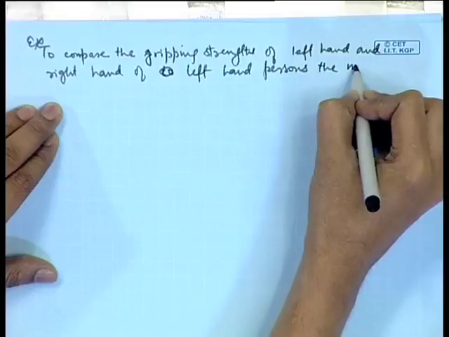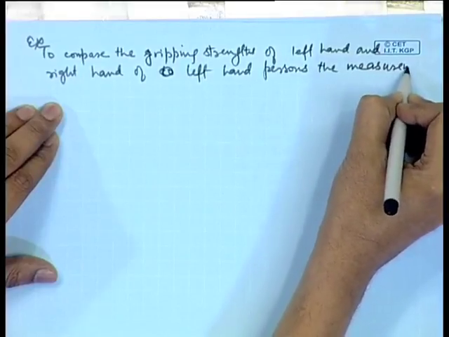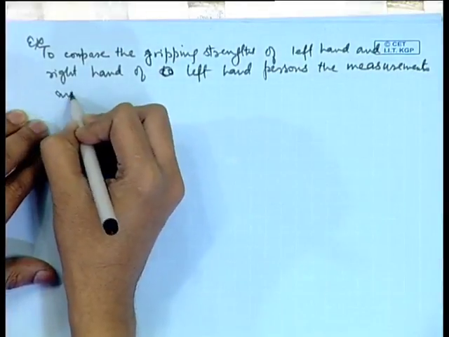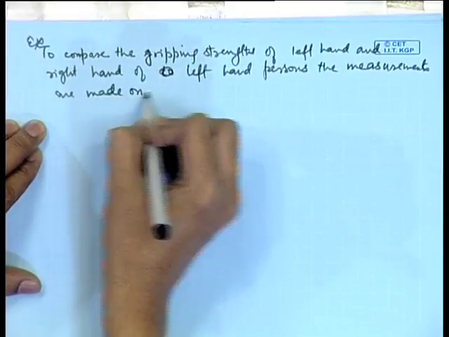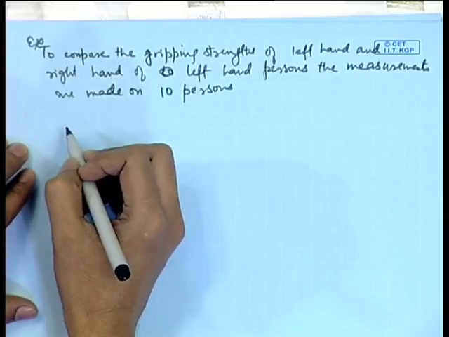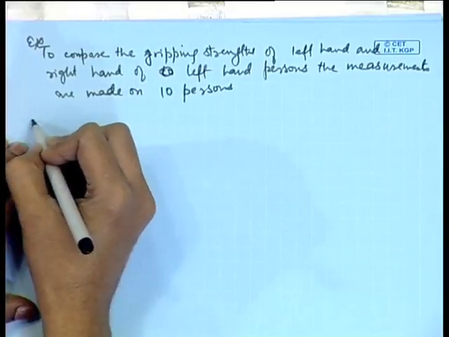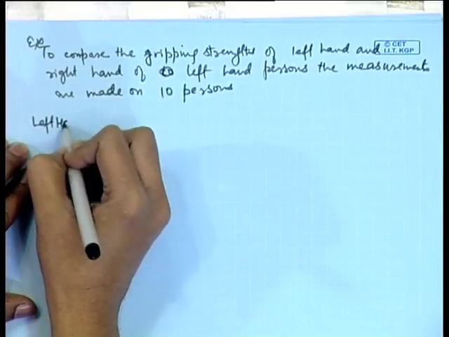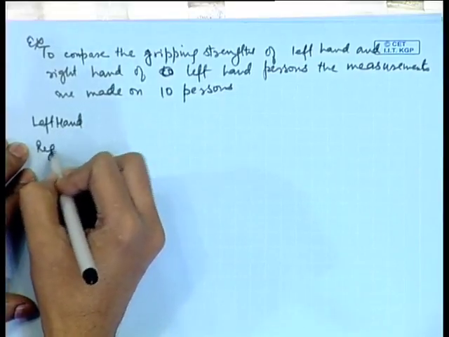The measurements are made on 10 persons and the data is observed. So, left hand and right hand.